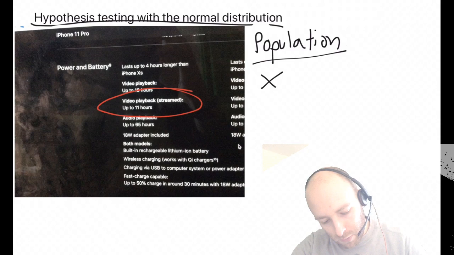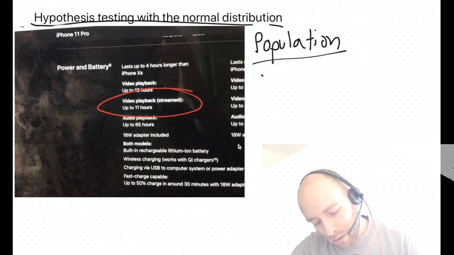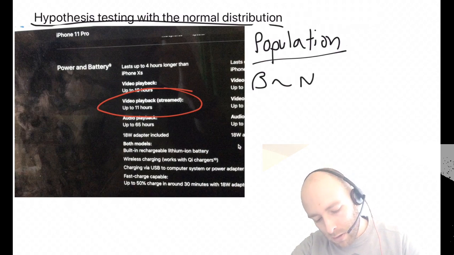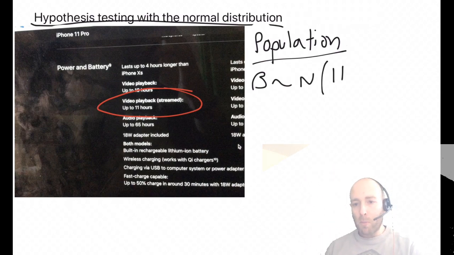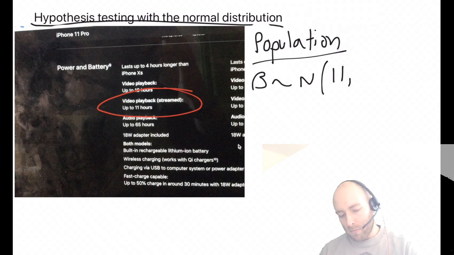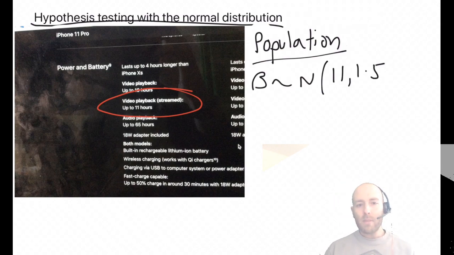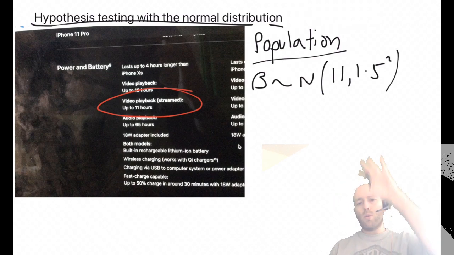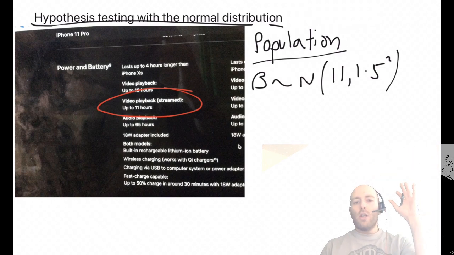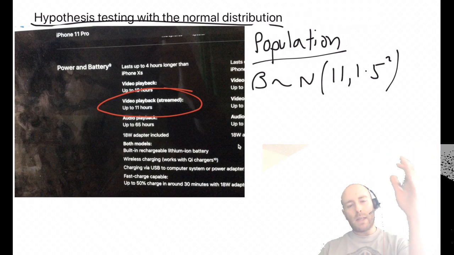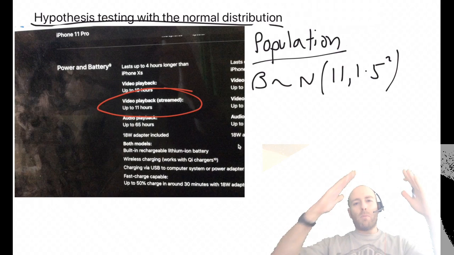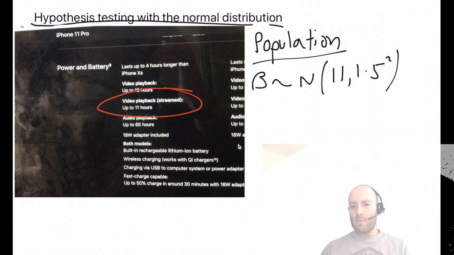Let's use battery for phone life. Battery should last. Normal distribution, mean is 11. Standard deviation, I've gone for like 1.5. So we're saying the battery of a phone, all of the phones, all the iPhones, should have a mean of 11 if that's what they're claiming, and roughly, I said about 1.5 hours for the standard deviation.